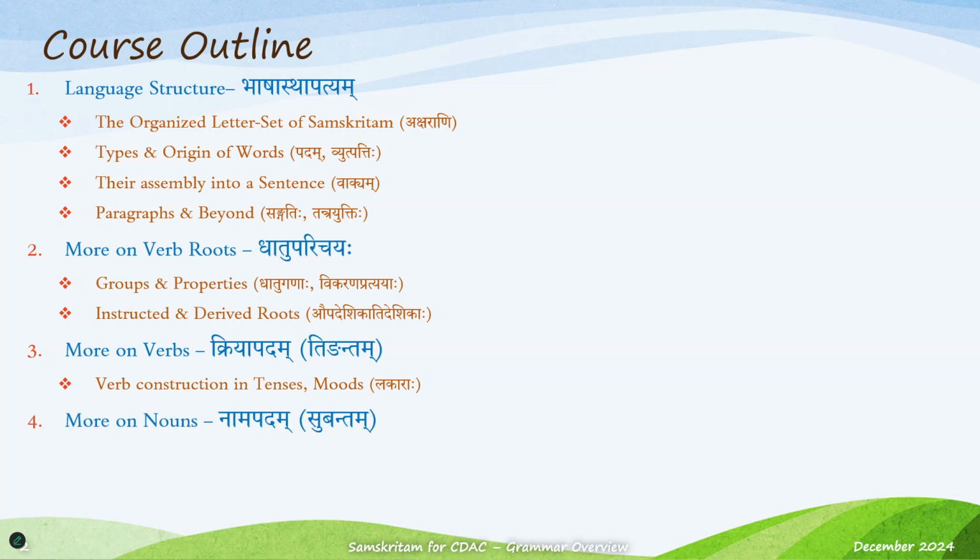Next, having learnt a little bit about dhatus and kriyapada, we will learn more about how nouns work in sentences. So namapadam, which we call subantam. Subantam because sup pratyaya is used in place of the ting pratyaya used with kriyapada. For namapada generation we use something called sup pratyaya.